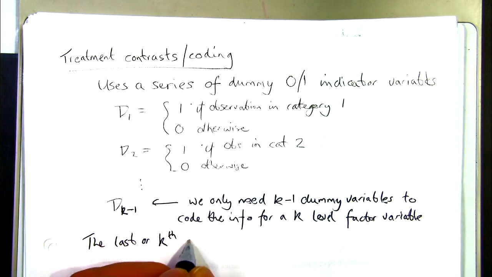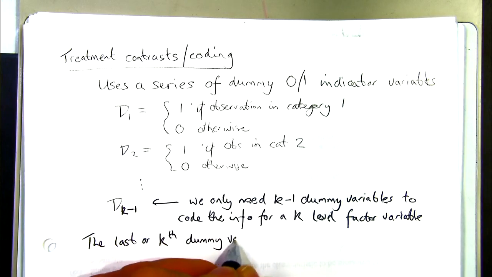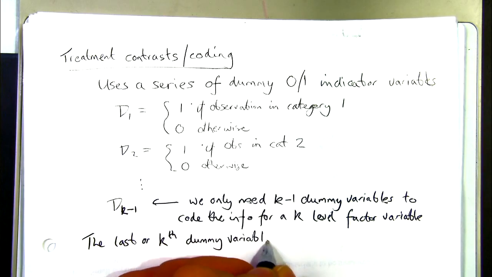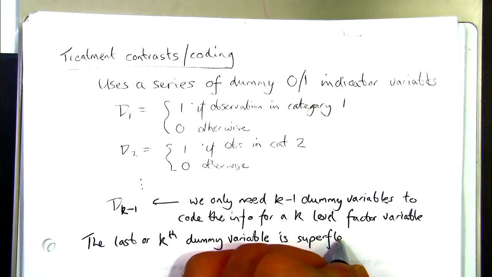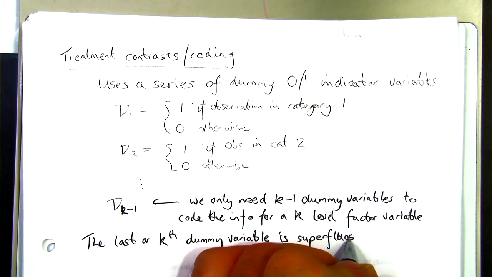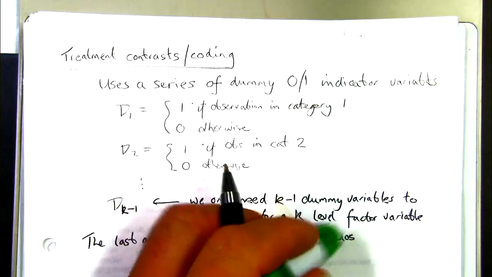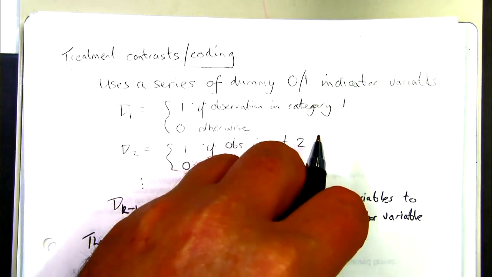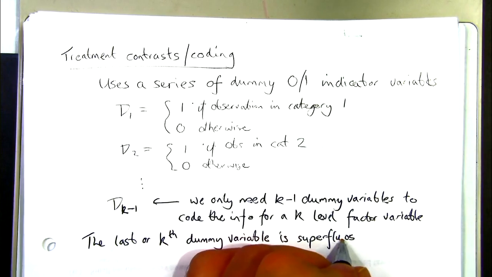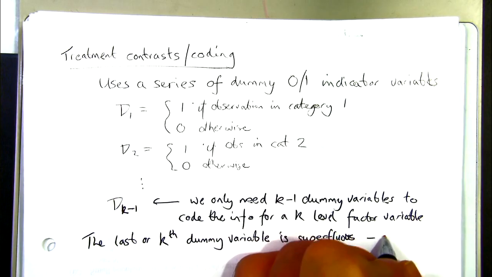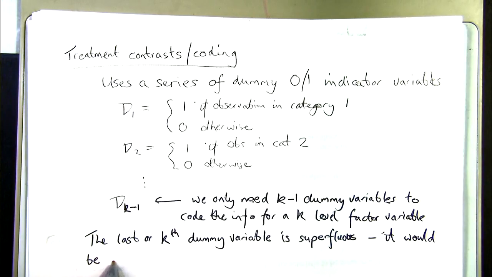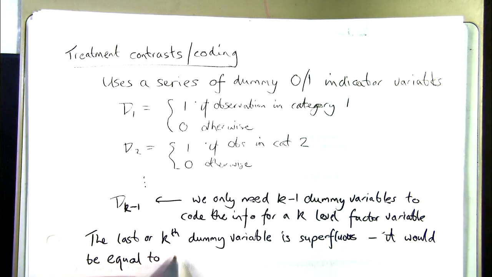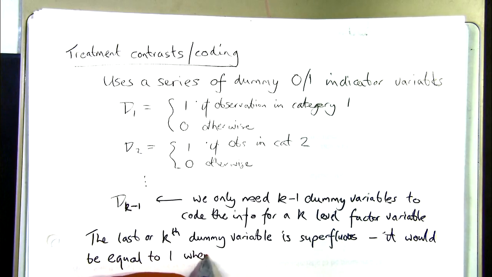The kth dummy variable is not needed, or is superfluous. It would be equal to 1 when all the others are 0.